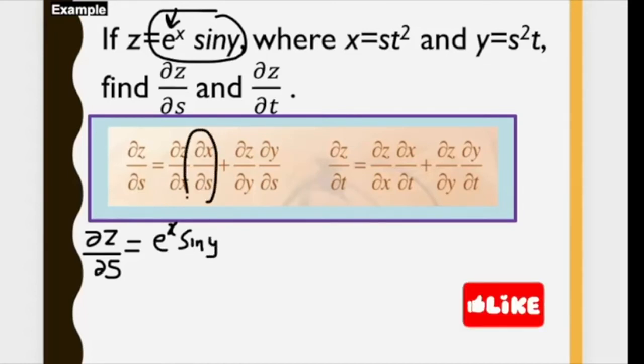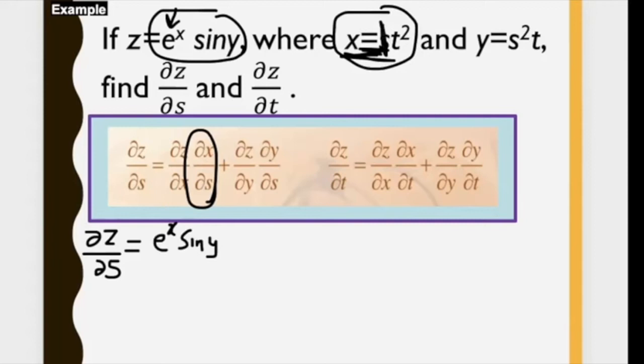Now finding the partial derivative of x with respect to s. This is in terms of x and s. Yes, we have a t, but we're looking for the one that has x and s. Differentiating x with respect to s, I differentiate s to get 1. So this is 1 times t squared, which is the same thing as saying t squared.